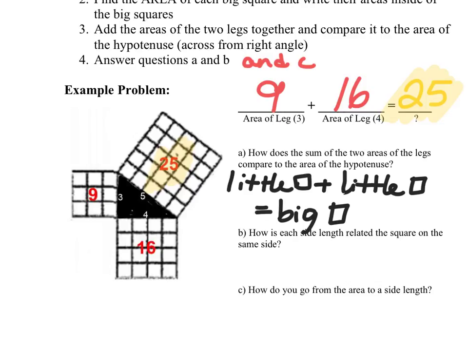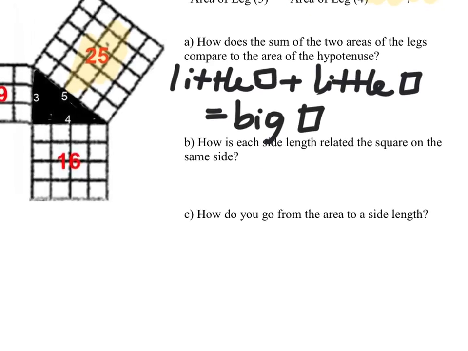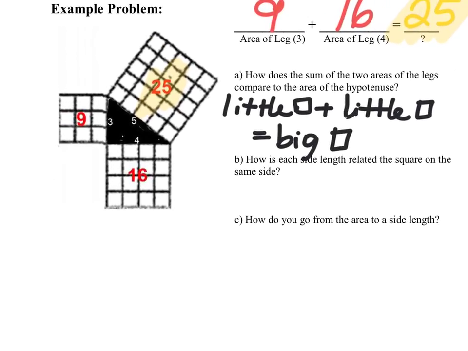And then we're going to ask, how is each side length related to the square on the same side? So in other words, if I go from a side length to a square, how do I do that? I'm going to write that down so you know what I'm talking about. How do I go from 3 to its area, 9? Multiply.